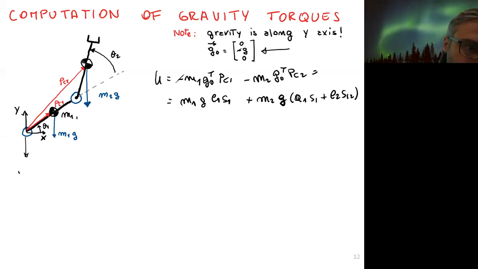If we do the partial derivative, we get the two components of the gravity vector.